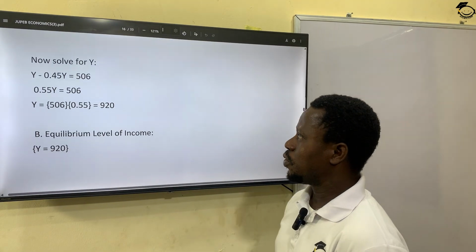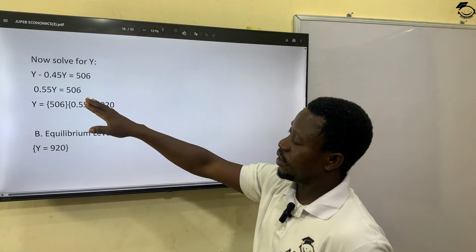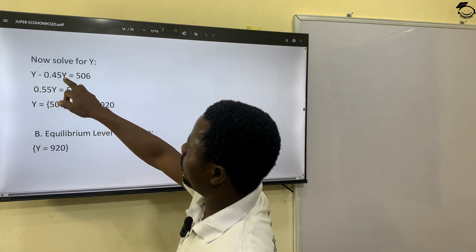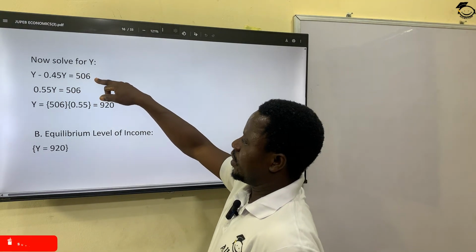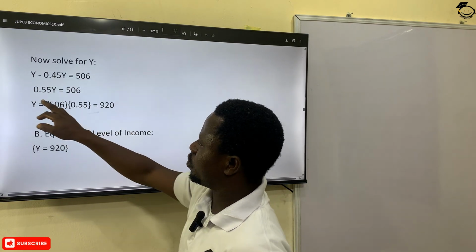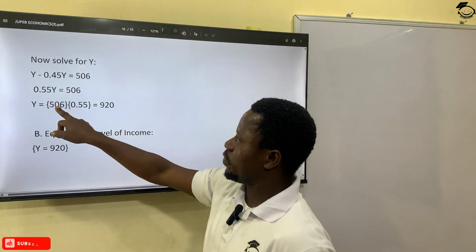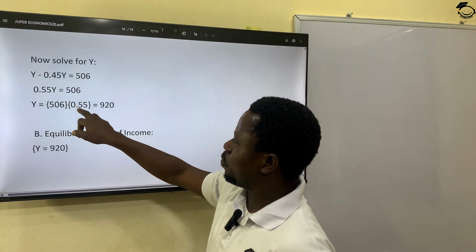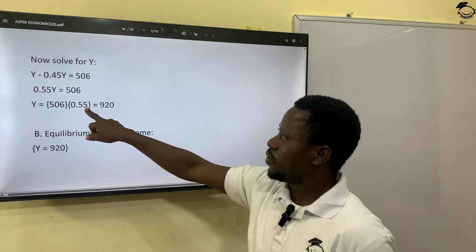So we have y minus 0.45y equals 506. All right. Now you have to open the bracket at this point between these two. I think that is 506 divided by 0.45.